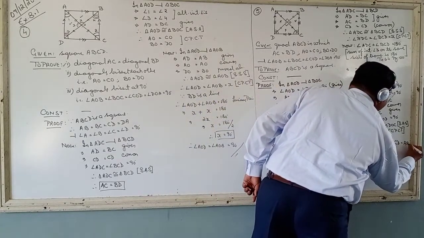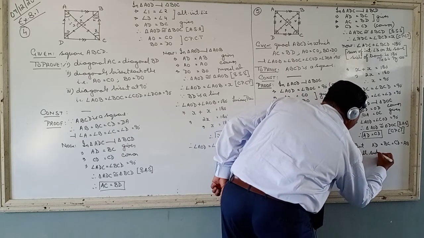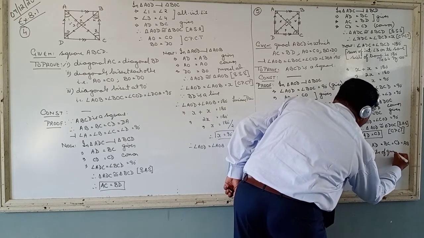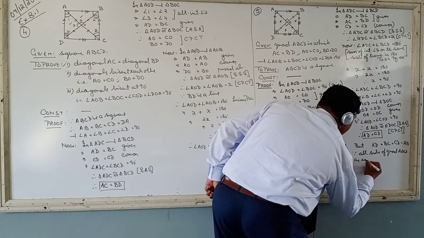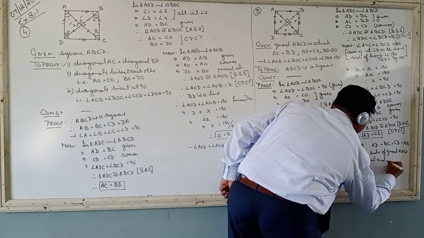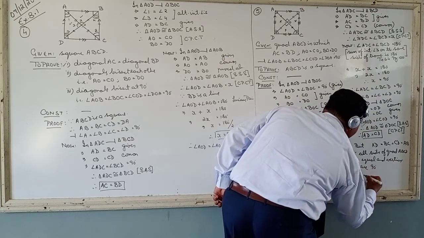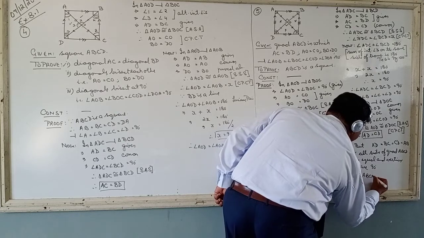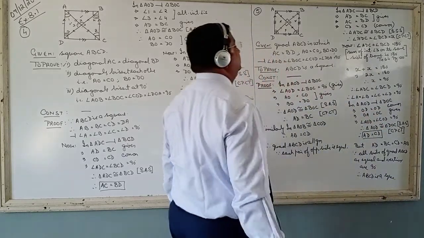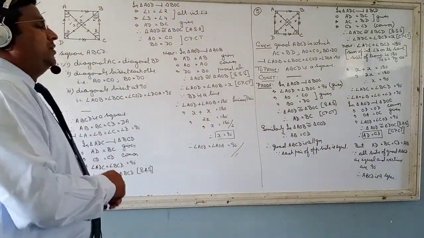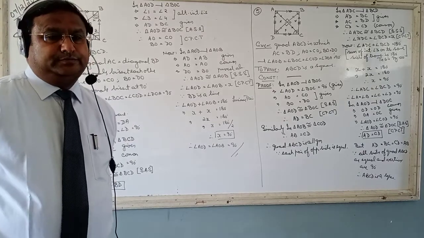So are all four sides equal? Because all sides of quadrilateral ABCD are equal and vertices are 90 degrees. Therefore, ABCD is a square. Right? So that is how both the questions are converse of each other.